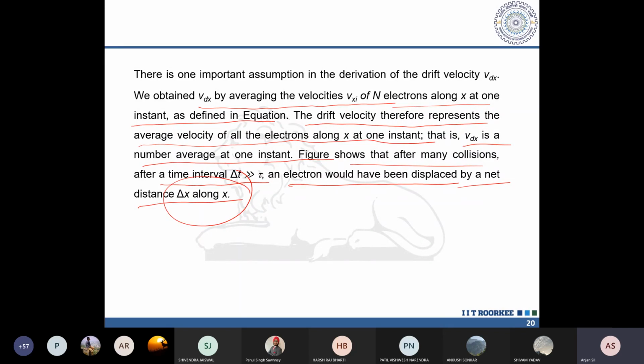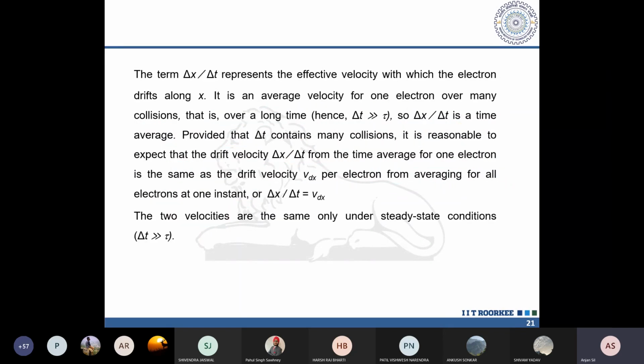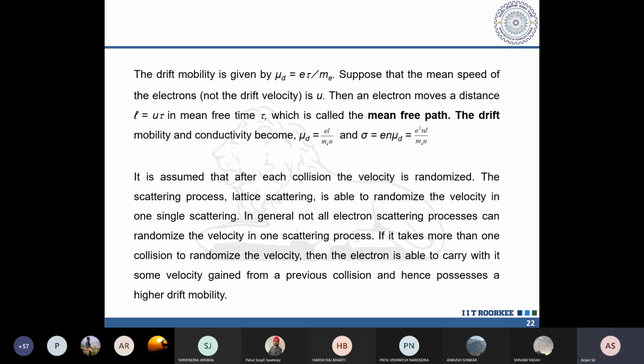So this is how you can calculate. Let us not bother much about this. I hope you have understood the fundamental part. Now two velocities are the same only under steady state conditions. Why two velocities? If you talk of the directions, you will be able to realize what is written there. Let us see.